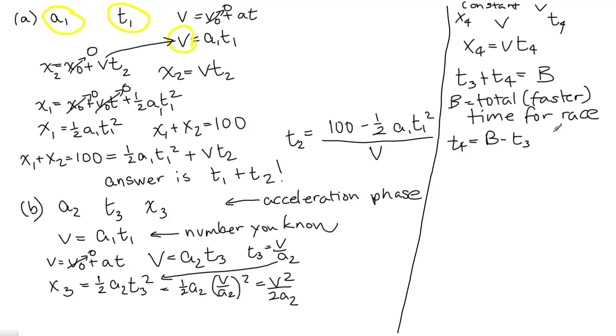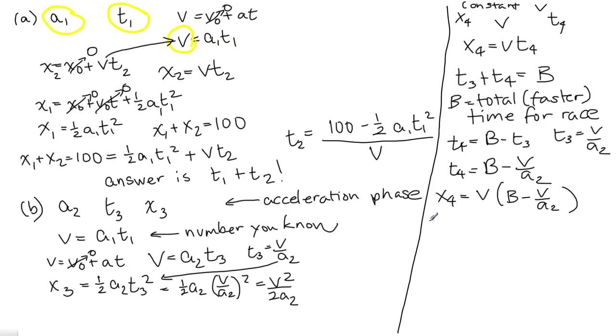But t3, you remember, is v over a2. So t4 is b minus v over a2. That means x4 is equal to v times b minus v over a2.